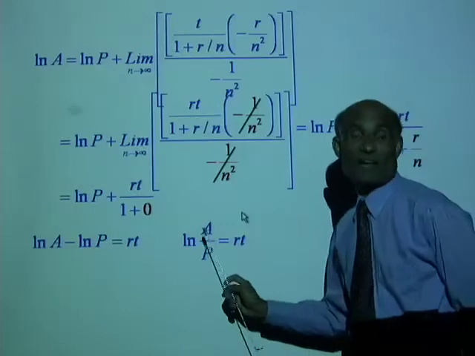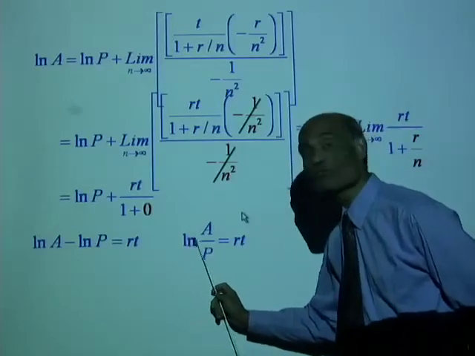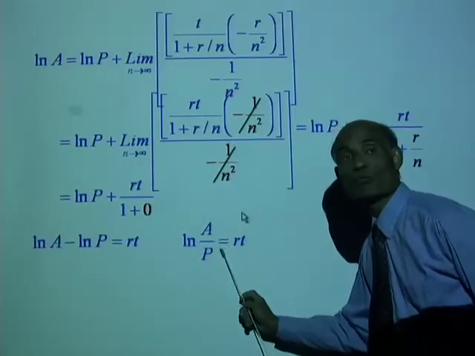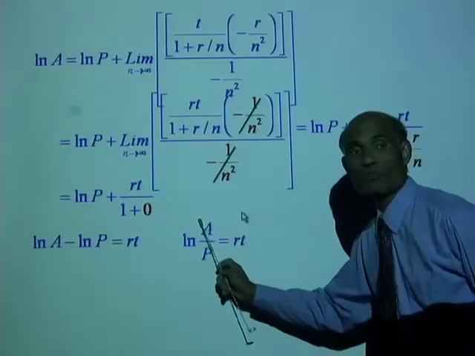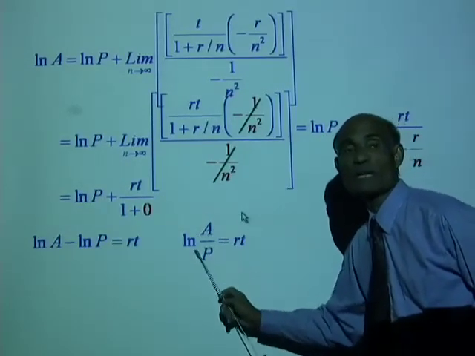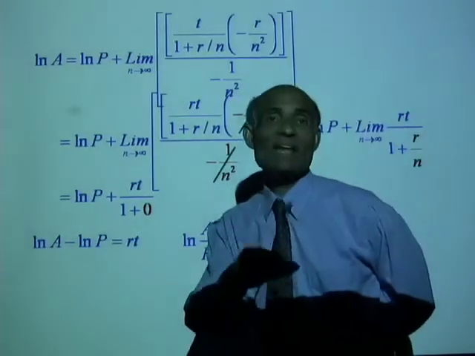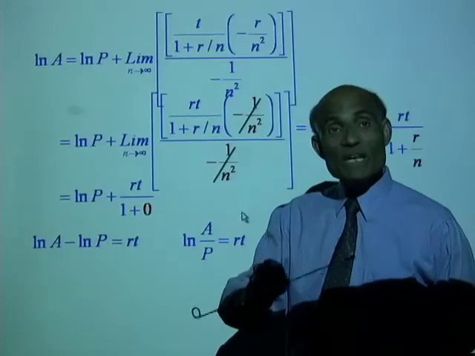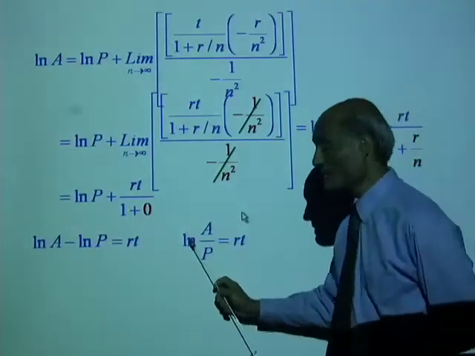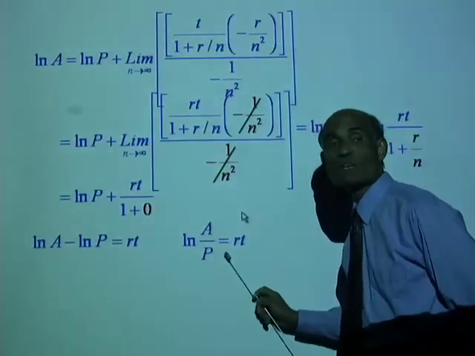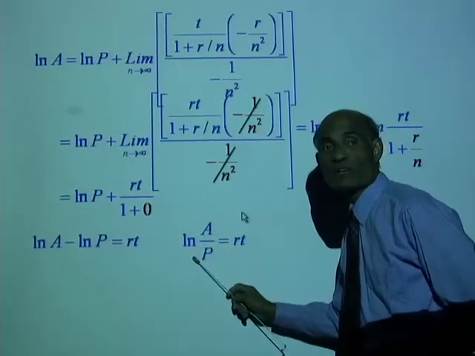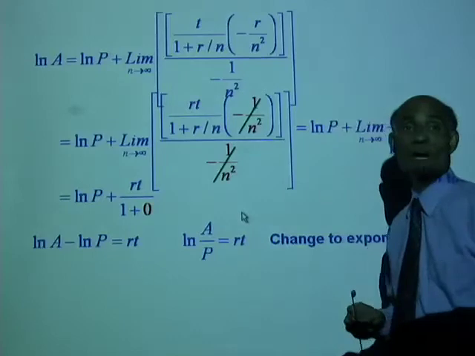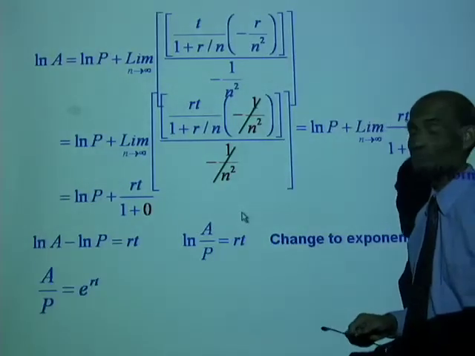ln of A divided by P is rt. And now change the ln form to exponential form. If ln of A over P equals rt, what is A over P? If ln x equals y, then x equals e to the power of y. If ln of A over P equals rt, then the quantity A over P is e to the power of rt. There you go.